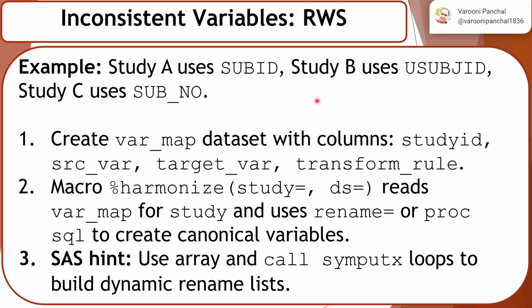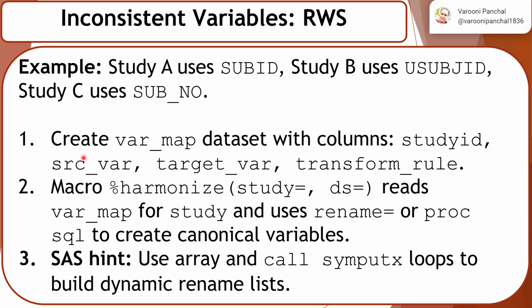There may be more than one variable, and mostly all the variables will not match across the 12 different studies, because they were conducted at different CRO companies, or at different time schedules, or they were handled by different team members. So this is the challenge that you will see: how to bring all the inconsistent variables into consistent variables. That is through the mapping dictionary, the solution we saw.